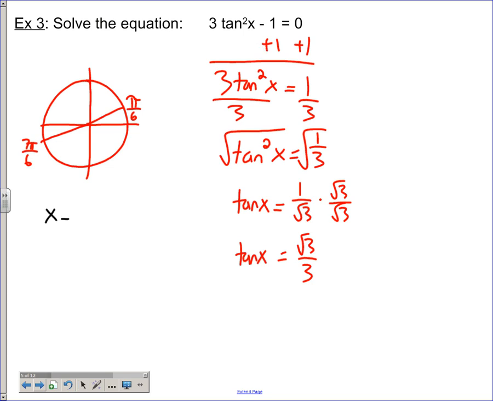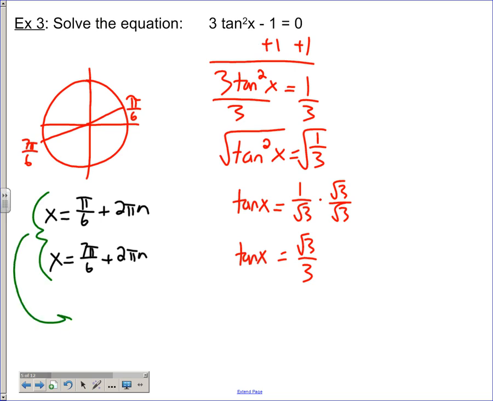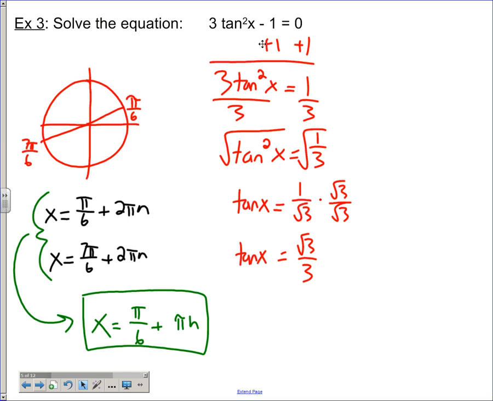If our two answers are x equals pi over 6 plus 2 pi n, and x equals 7 pi over 6 plus 2 pi n, well really, because the period of tangent is just pi, what we can do is write both of these answers as one answer, x equals pi over 6 plus pi n, where instead of 2 pi n, we just have pi n, since that's our period. Okay, so we're really combining the two answers I wrote in black into one answer that encompasses all of our solutions.